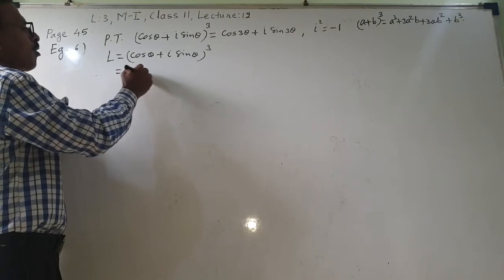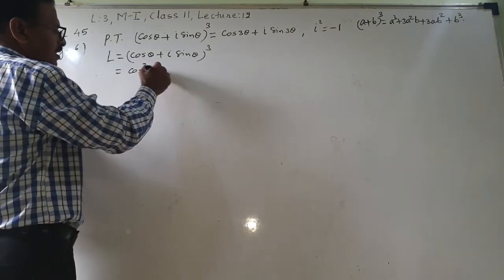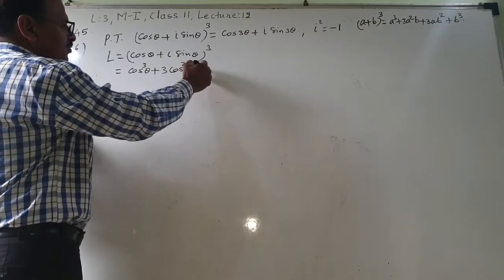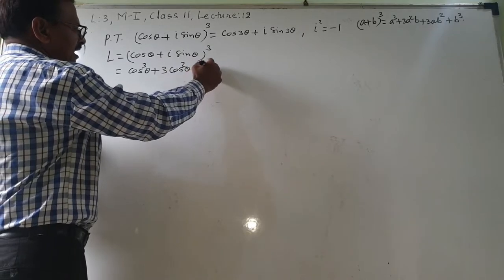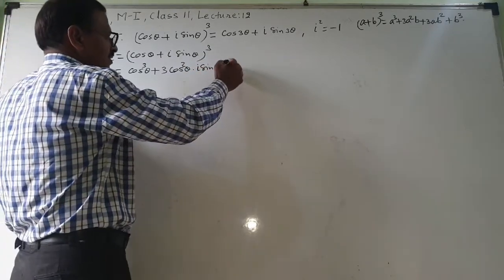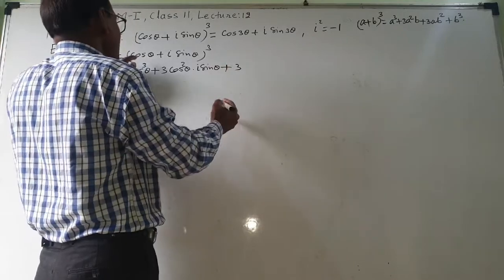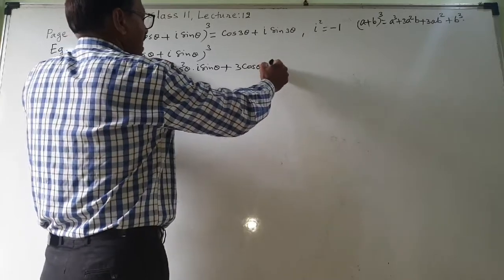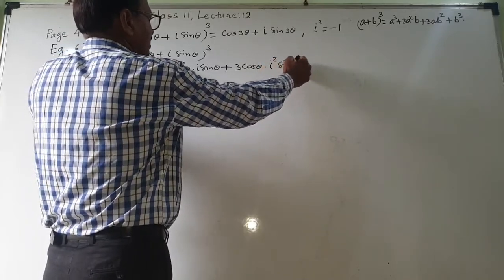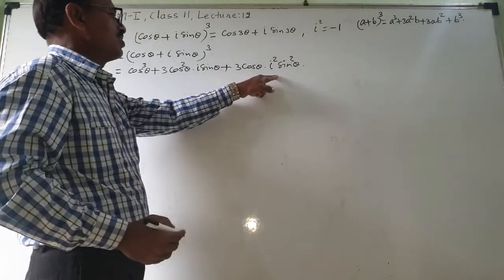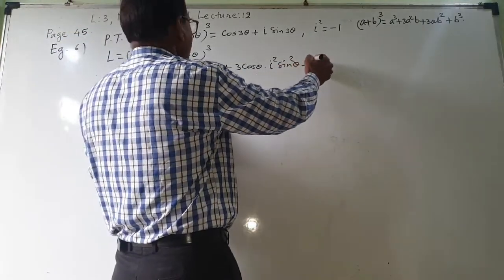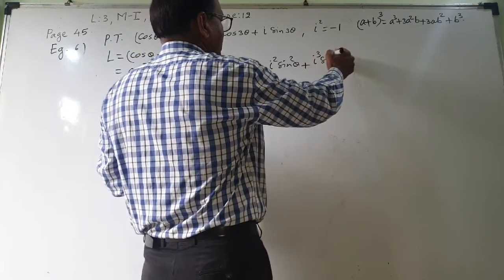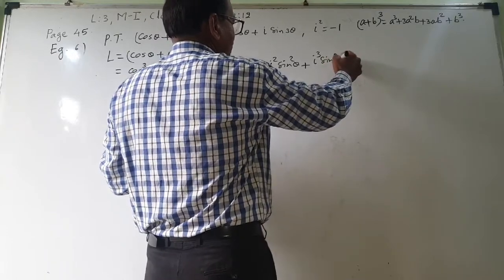So cos cube theta plus 3A square B means cos square theta into B i sin theta, plus 3AB square, where 3A means cos theta into B square means i square sin square theta, plus B cube means i cube sin cube theta.